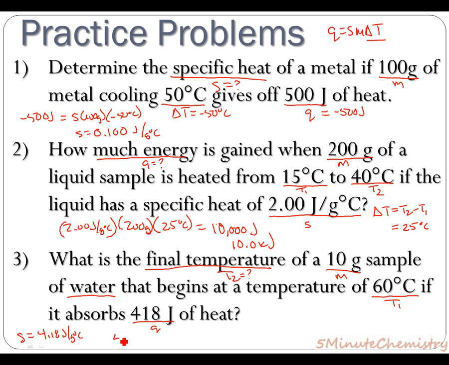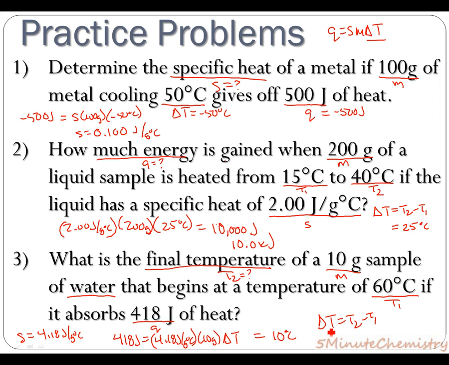I'm going to say that 418 joules is equal to 4.18 joules per gram Celsius times a mass of 10 grams times delta T. We'll take 418 divided by 4.18 and divided by 10. Delta T is 10 degrees Celsius. So if T1 is 60, we say that delta T is T2 minus T1.